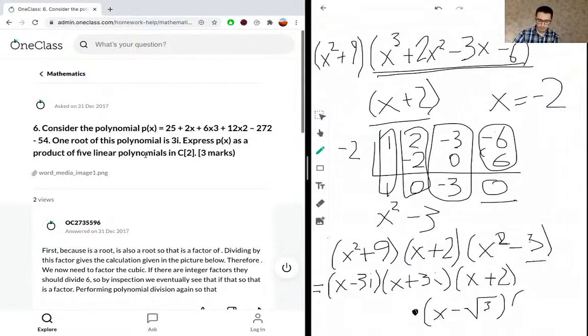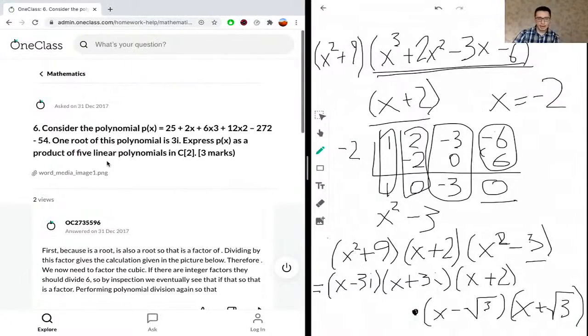And then x plus square root 3. And that's the final equation for the solution. So we expressed the equation as a set of 5 linear polynomials.